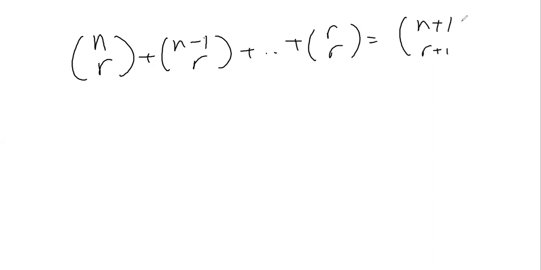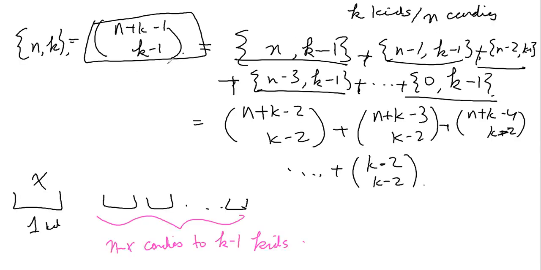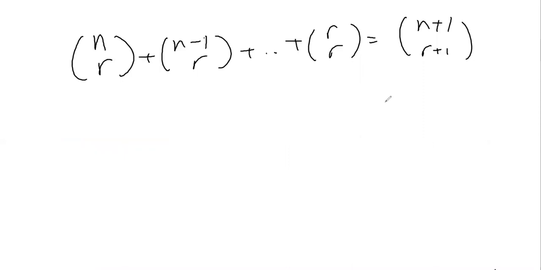This is the direct result of our analysis of the candy kid question. Here we just let r equal k, and we let n equal n plus k minus 2, basically. We're just reassigning some variables, and it's the same equation, but it looks prettier like this.